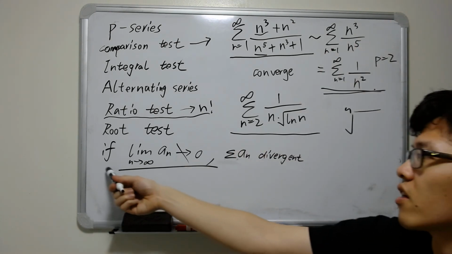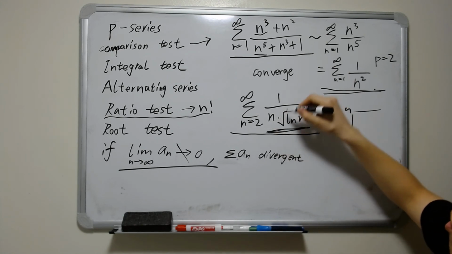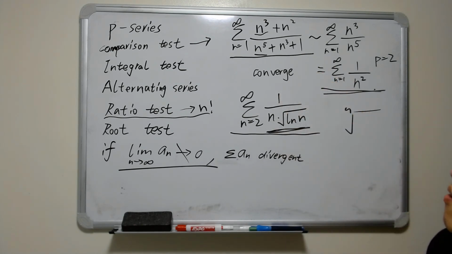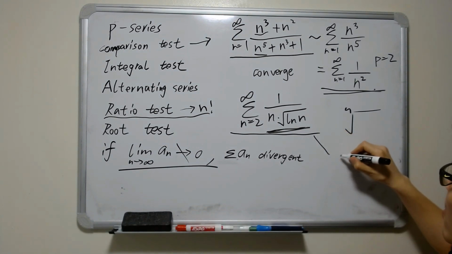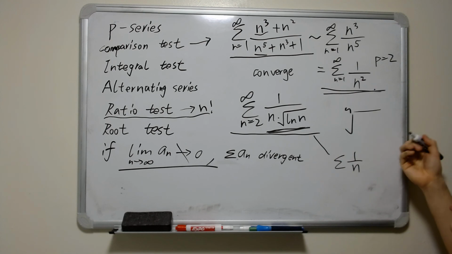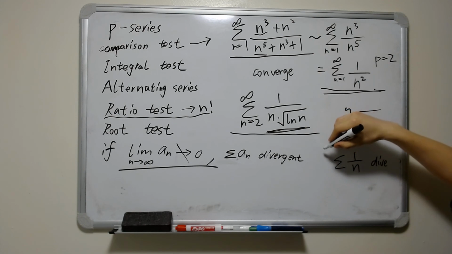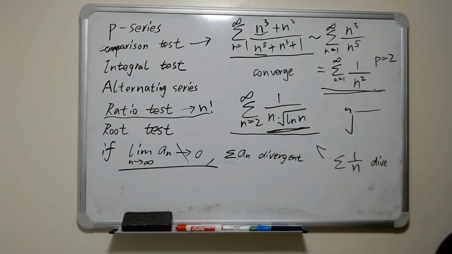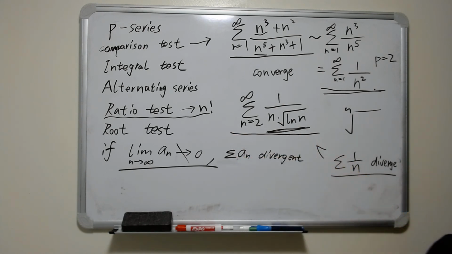And if you check the definition, each term of the series goes to 0, but we cannot say it's convergent. Then we go to the comparison test. I compare to the series 1 over n, but it diverges. This series is always less than 1 over n, but the problem is that the comparison series diverges, so we cannot determine the convergence of this series.